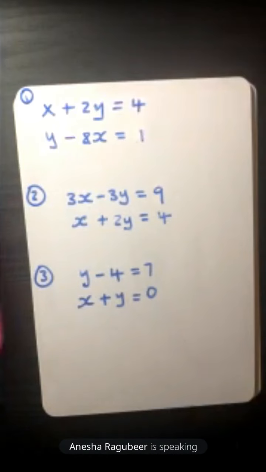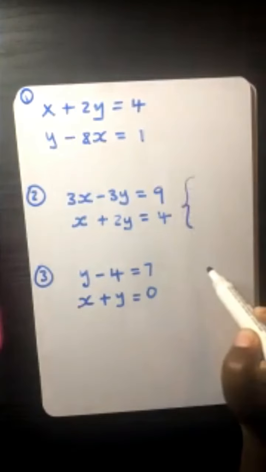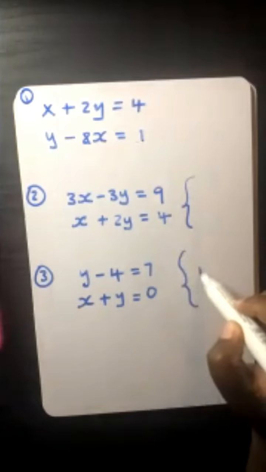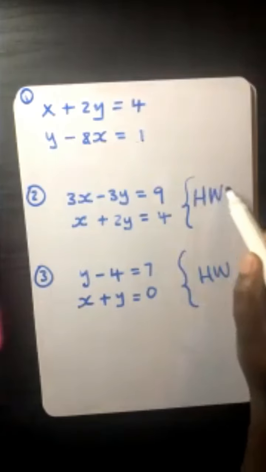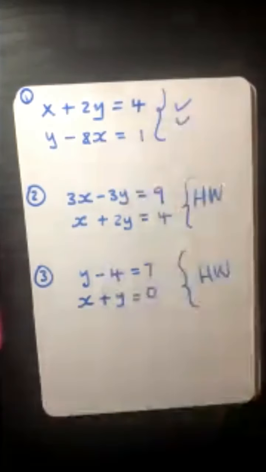If that is the case, then I'm giving you this to work on, and again I'm giving you this as your homework. So this also forms part of your homework. That one we have done, and you said you fully understand. It's the same approach, same everything.